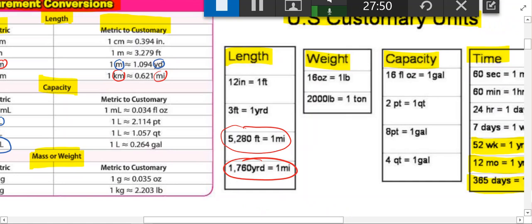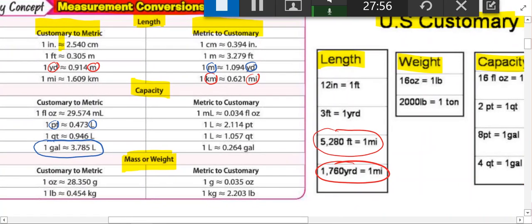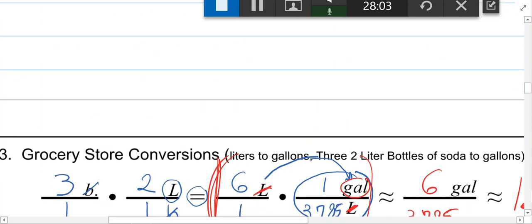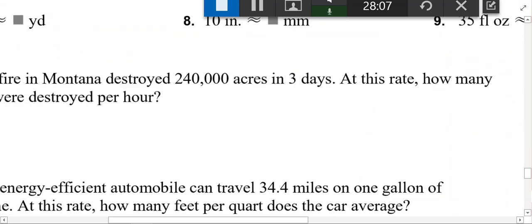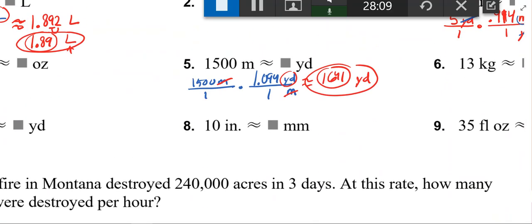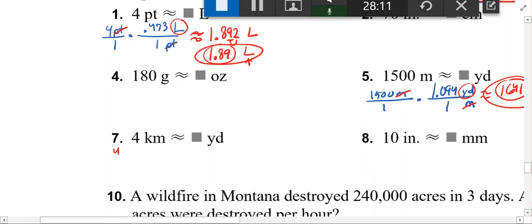All right, so let's go set it up. I'm going to have to go up and down, because I'm not going to be able to remember these numbers. So the first one is kilometers. We'll change them into miles, so that's 0.621. Let's remember that. 0.621. So 4 kilometers.